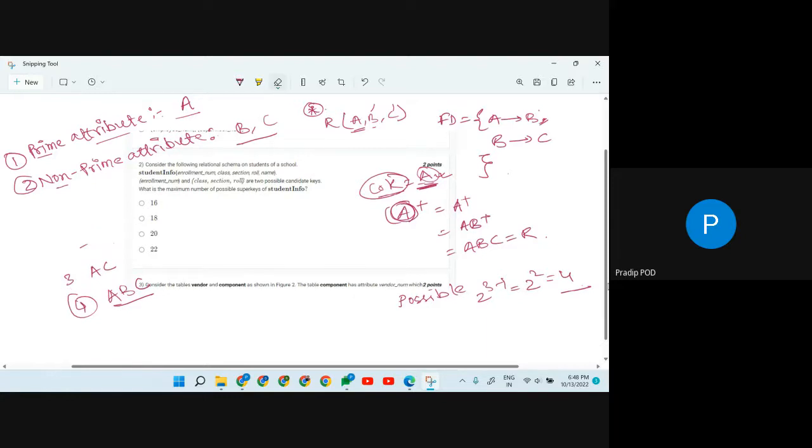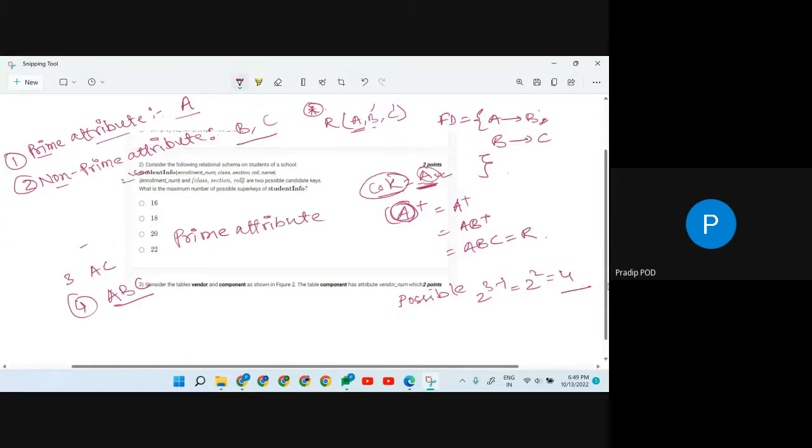Continuing with prime attribute and non-prime attribute, which attributes are prime and which are non-prime? The attributes which are part of a candidate key are prime attributes.